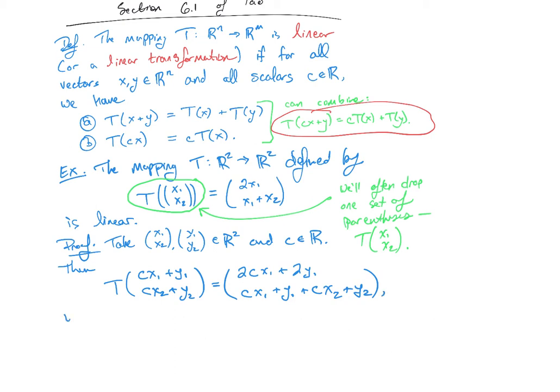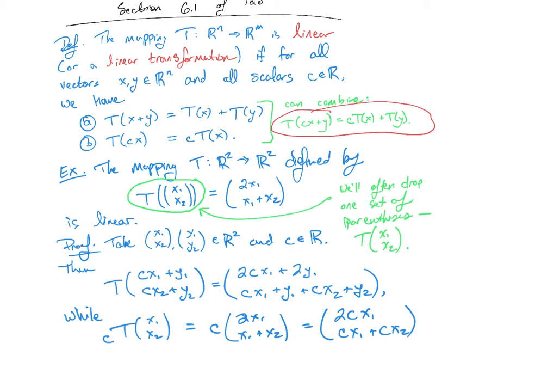And then let's check what it's supposed to equal. c times T of (x1, x2) would be c times (2x1, x1 plus x2), equals that.